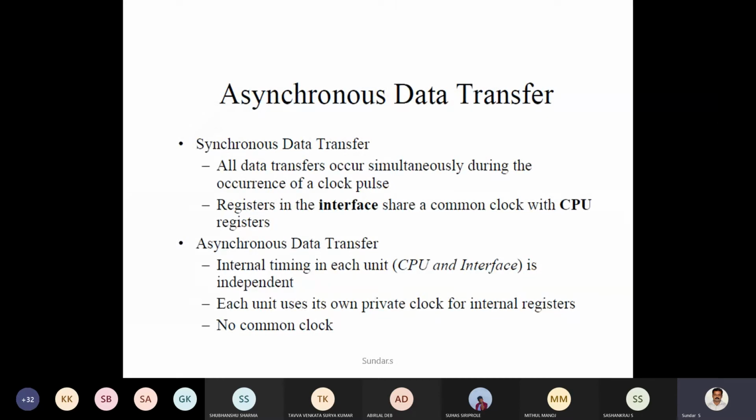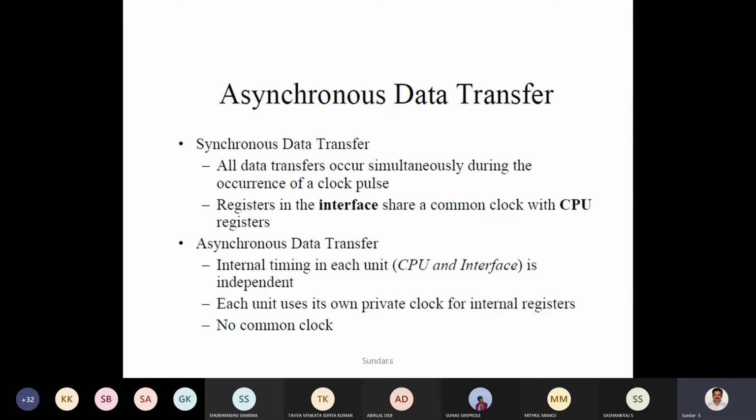Next, there are two types of data transfer techniques possible between CPU and memory, and between CPU and IO devices. Most of the time, the CPU with IO devices will take place synchronous data transfer. So for that we should understand what is called synchronous and what is called asynchronous.